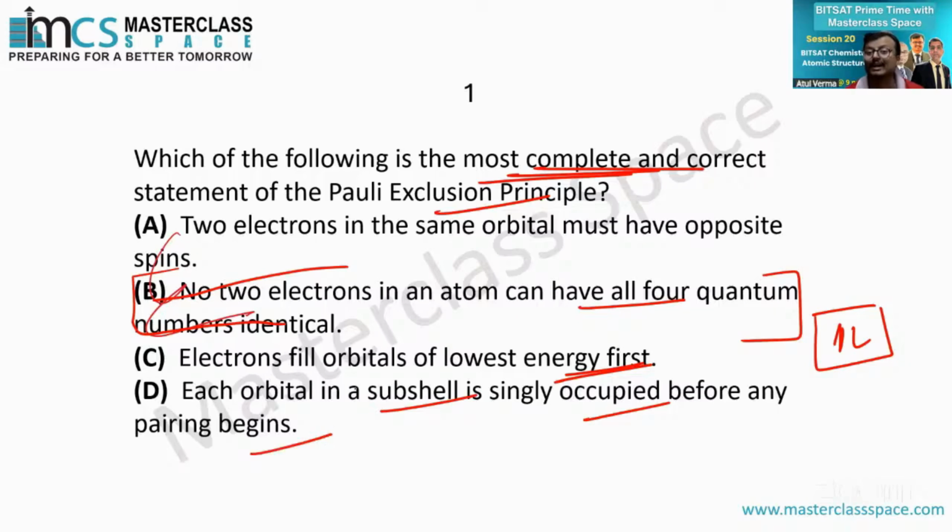Very famous rule, Hund's rule. And the way to remember Hund's rule always is you say its complete name. What is its complete name? Hund's rule of maximum multiplicity. So if you want maximum multiplicity, you need to keep them unpaired. Okay. So for this, our correct answer is option number B.